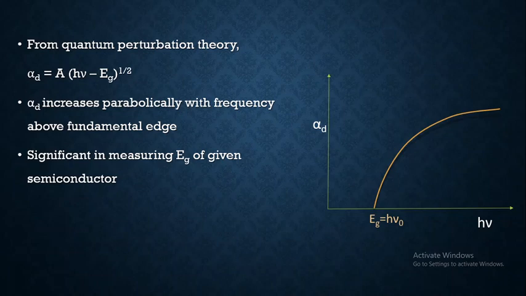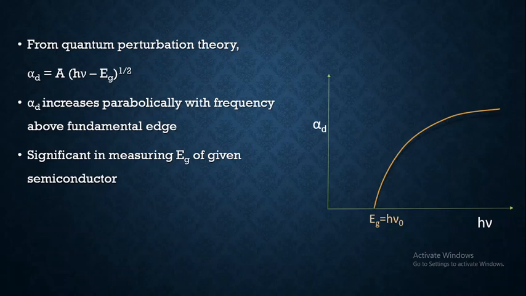That's why energy gap plays a very important role in semiconductor physics. And that energy gap can be measured by using this optical method, which is the fundamental absorption process.